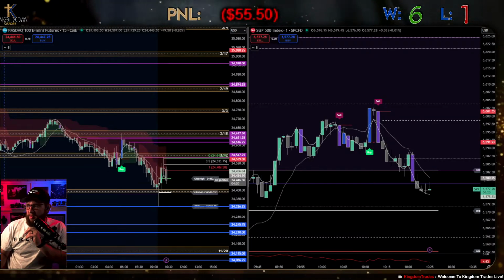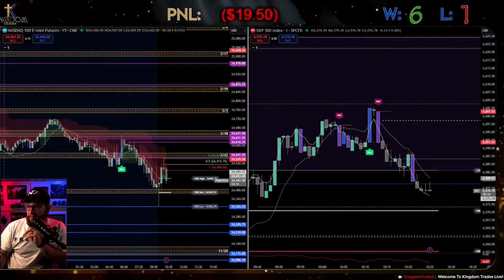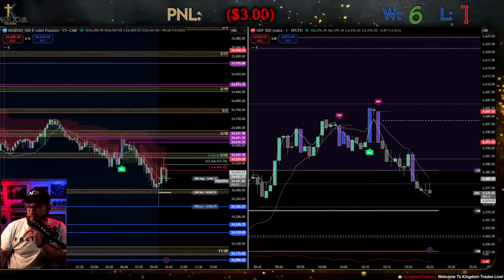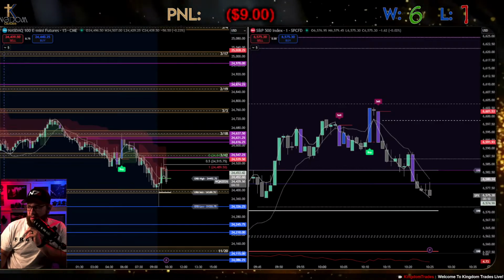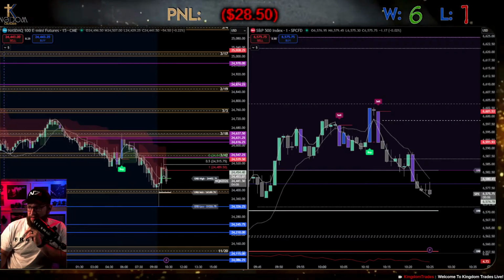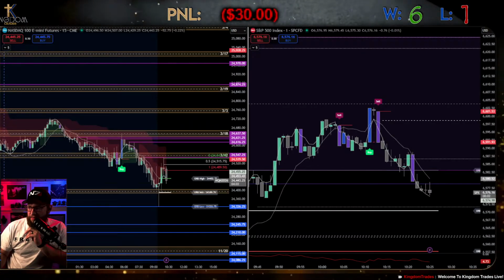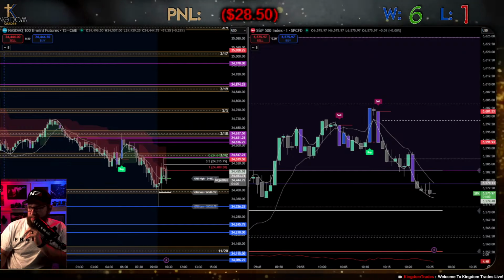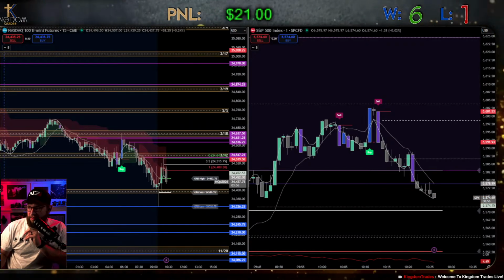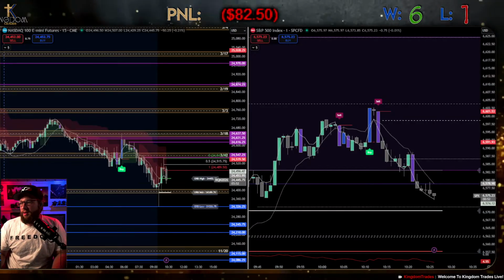SPX pushing back down still. Quick flip. We break 40s. Back into 40s. There we go, there we go. Testing bottom side 30s. Dang it.